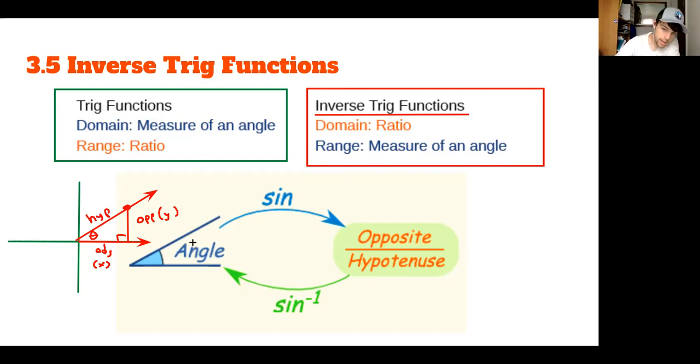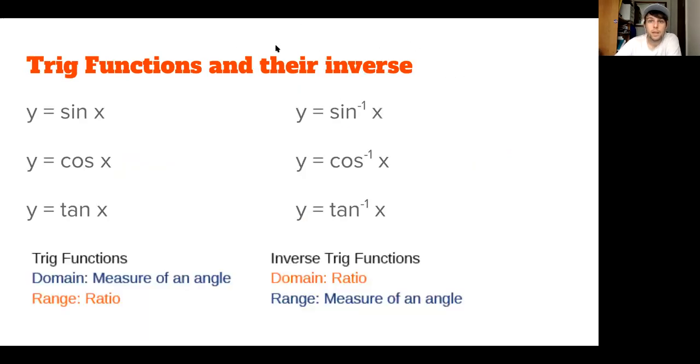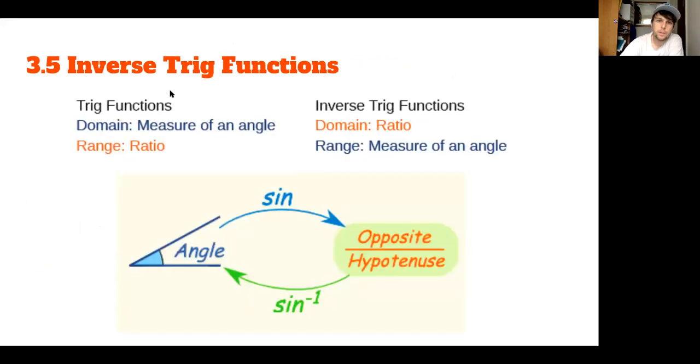So you can see here, this little diagram down here. Sine takes an angle, gives us a ratio. Sine inverse will take that same ratio and tell us what angle it was that goes back with it. So these things kind of undo each other, and that's really powerful, really useful. Let me go back to that actually really quick. It's really important to notice this really connects to the idea of inverse functions that we spent some good time talking about in the pre-calc first semester.